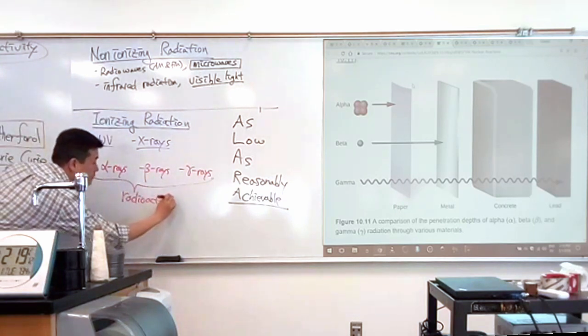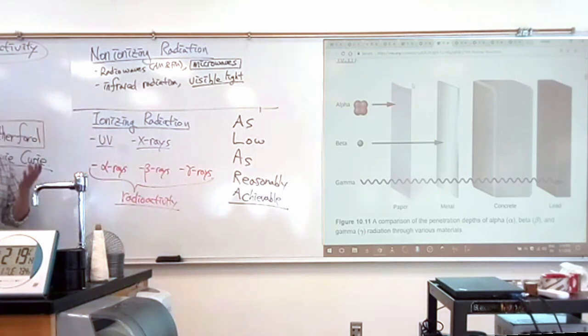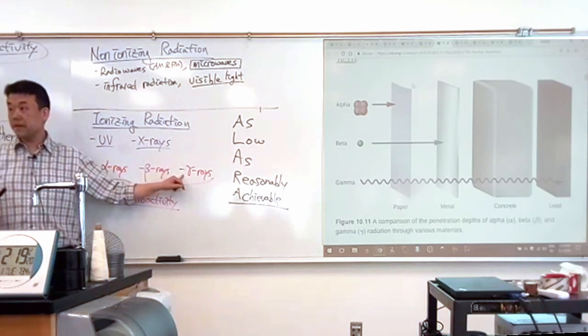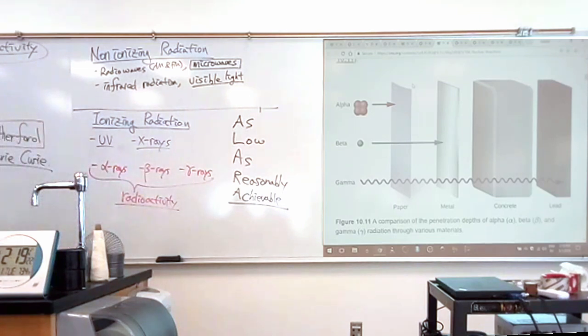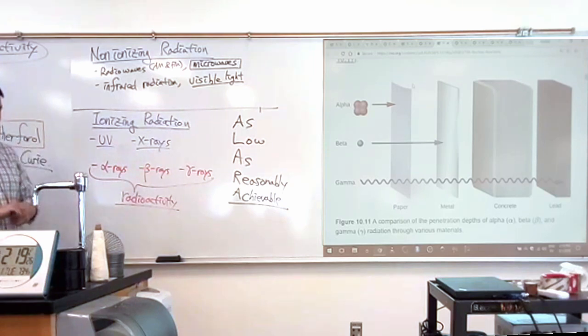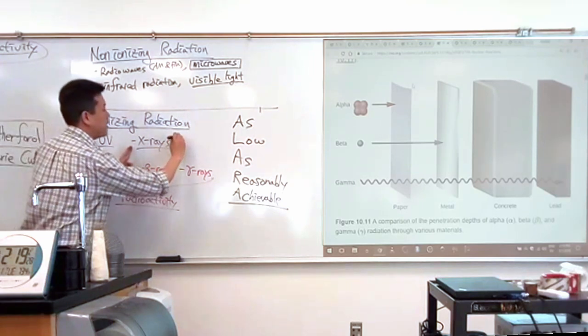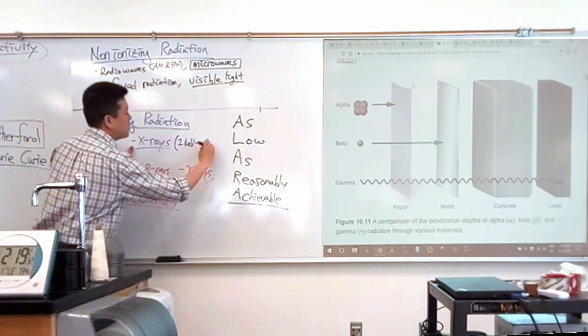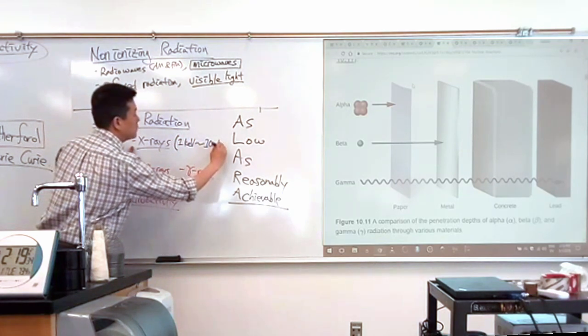In fact, as far as the definition is concerned, that's the real distinction between X-ray and gamma ray. There's a typical energy range for X-rays and gamma rays. For X-rays, it goes from 1 keV to maybe 100 keV.